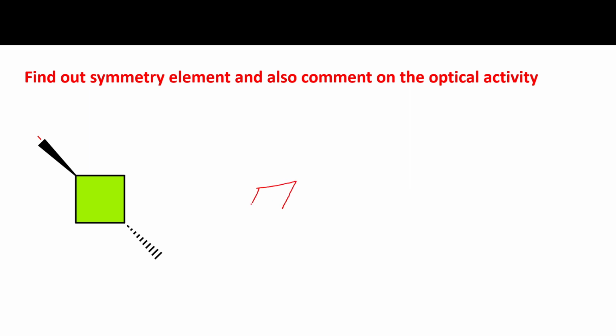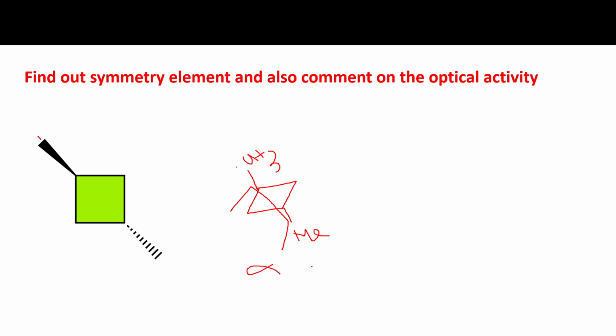Like the earlier 1,2 disubstituted, when they are in the trans conformation we don't have a sigma plane, but in these cases, with 1 methyl up, like this plane we have the sigma plane.